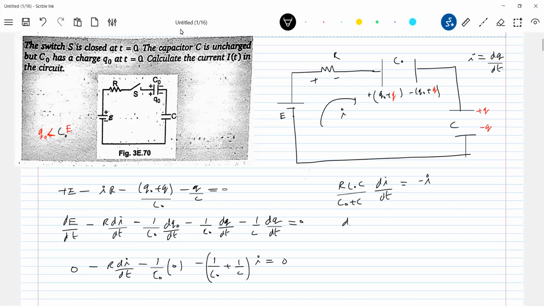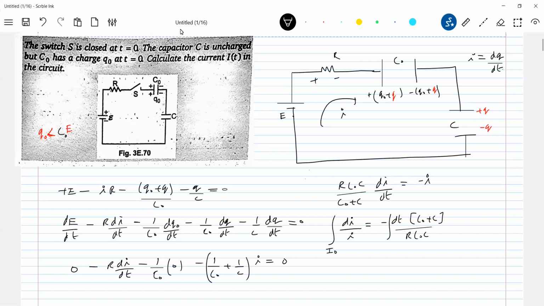So di by I is equal to minus dt by R C naught C by (C naught plus C). So negative sign. At t equals 0, we don't know that initial current. Let me call that I naught.